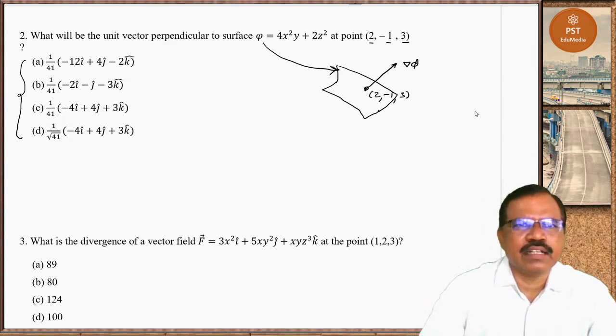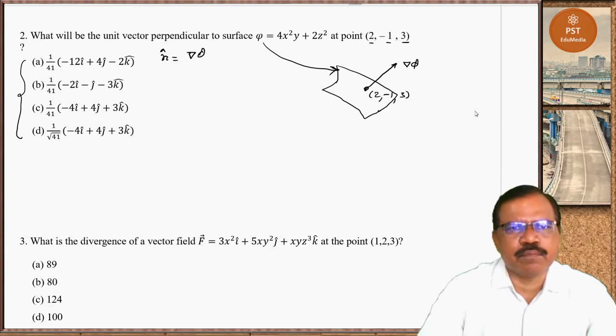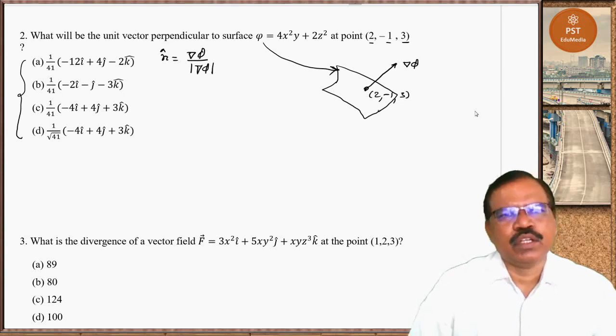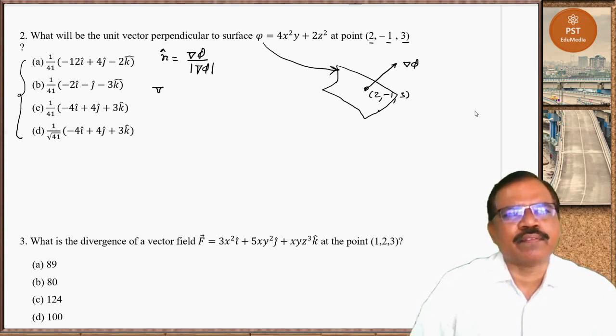The unit vector is the vector upon its magnitude. So first we will find del phi.